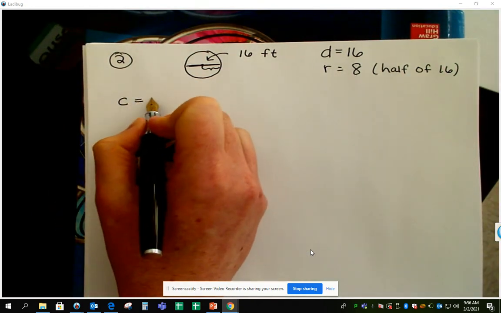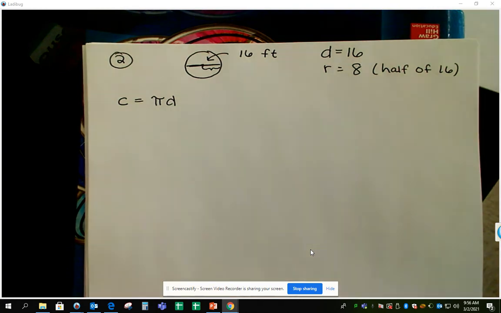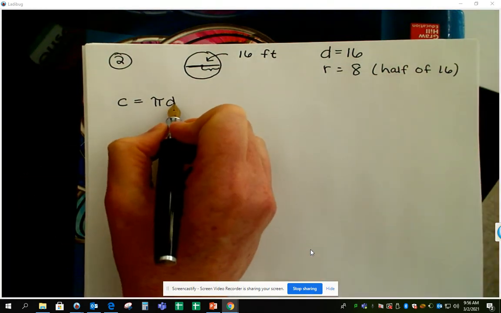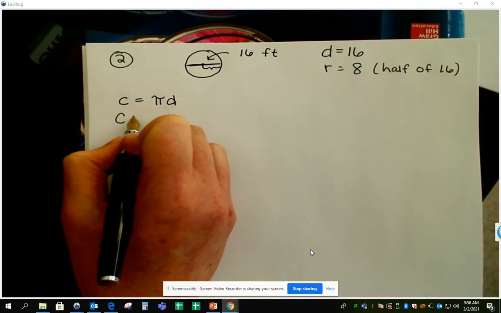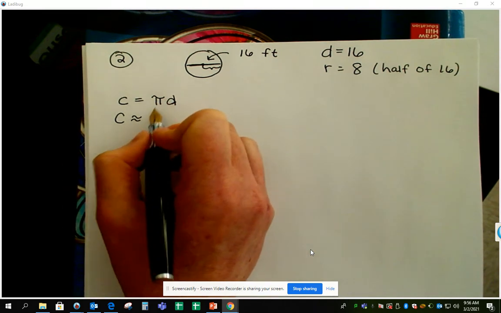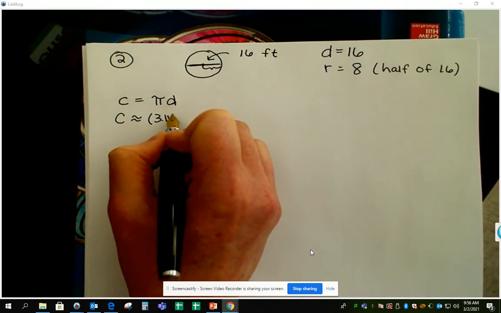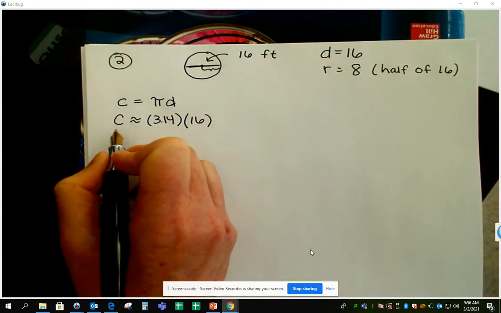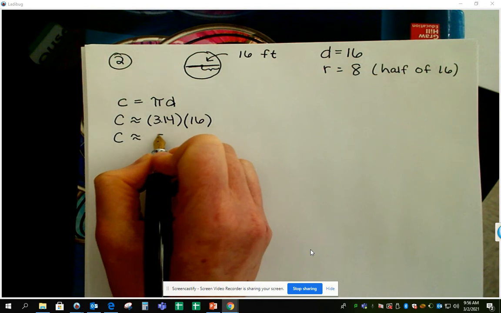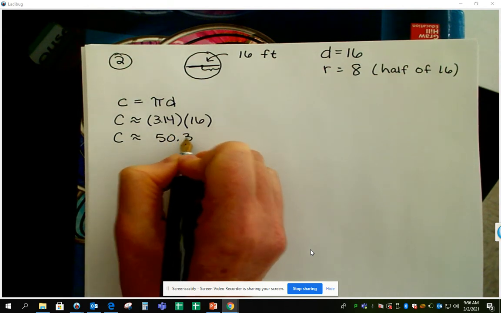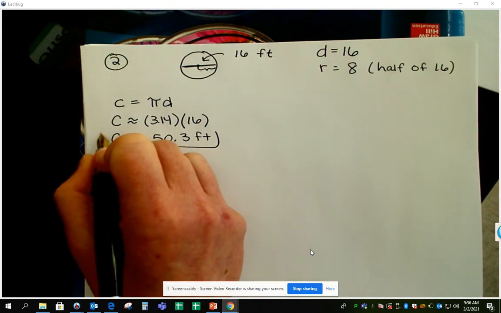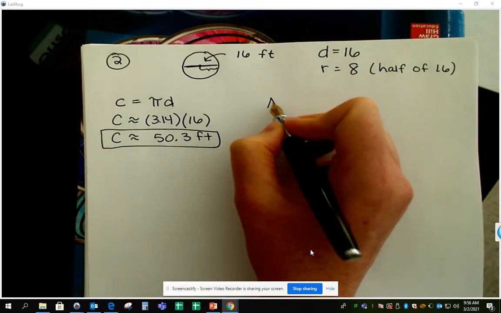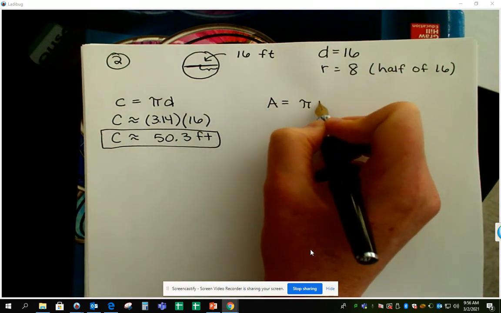Okay, half of 16. So when I go to do my circumference, I could do it either way. I could do pi times diameter, or I could do 2 pi r, either one. So circumference is approximately equal to pi, 3.14, times diameter, which was 16. So circumference is approximately equal to 50.3 feet. And then for area, remember that's pi r squared.